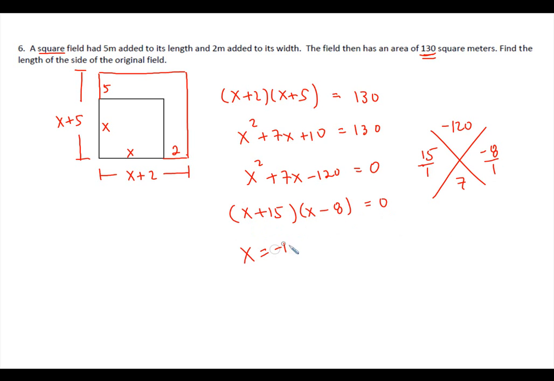X is going to equal negative 15, and x is going to equal positive 8. Okay. Now let's see what x represents in the problem. X represents how long this original field was. Okay, the side of this square. So the side of the square cannot be negative. We know it has to be positive. So the 8 makes sense. So 8 meters is the length of the original field.